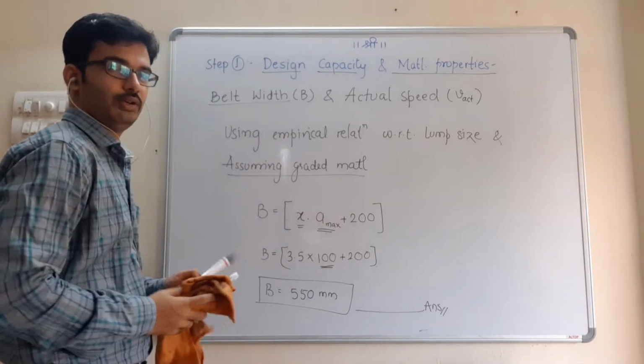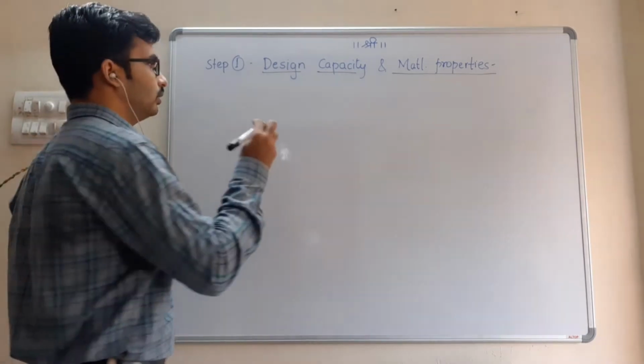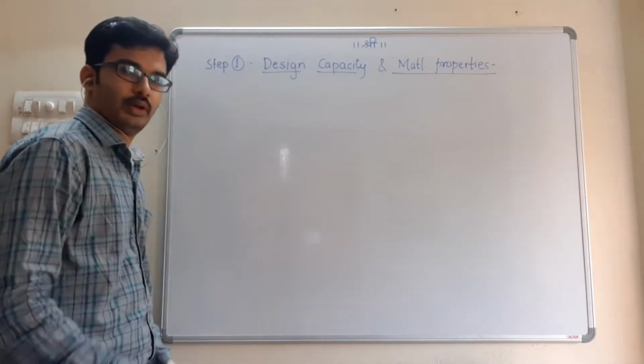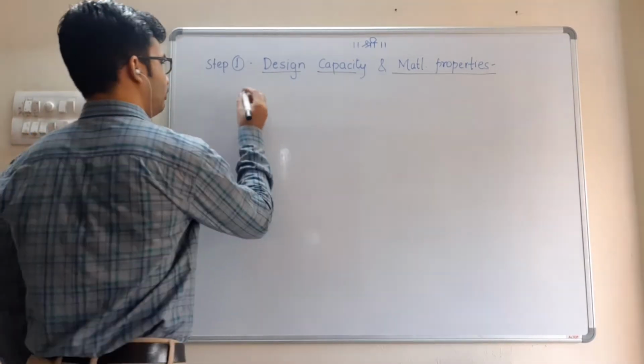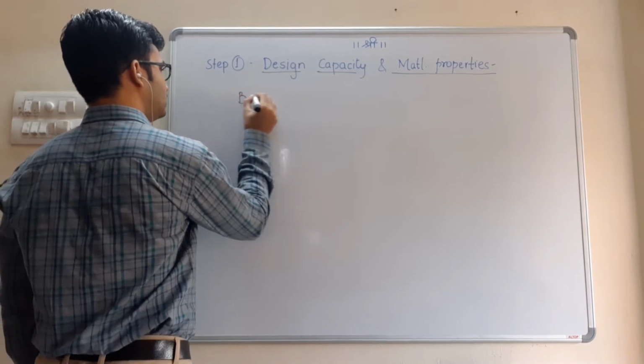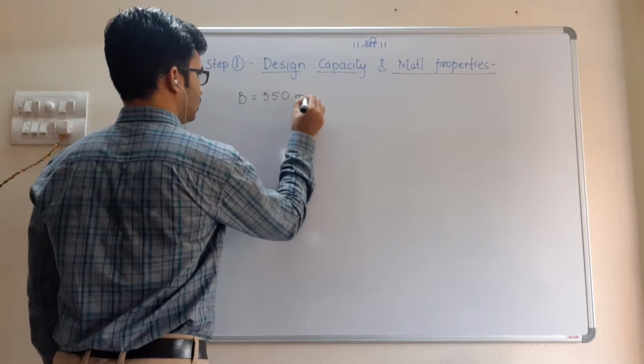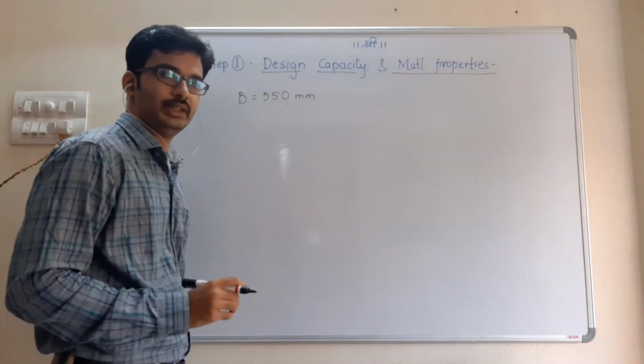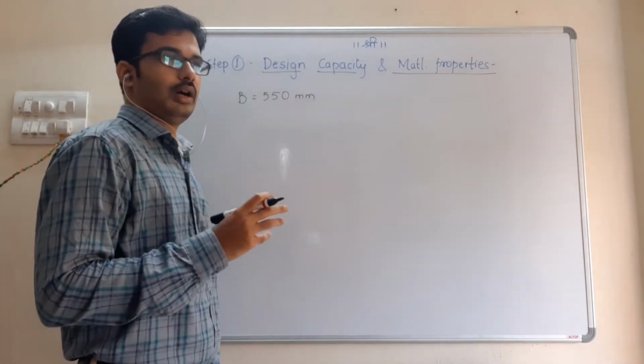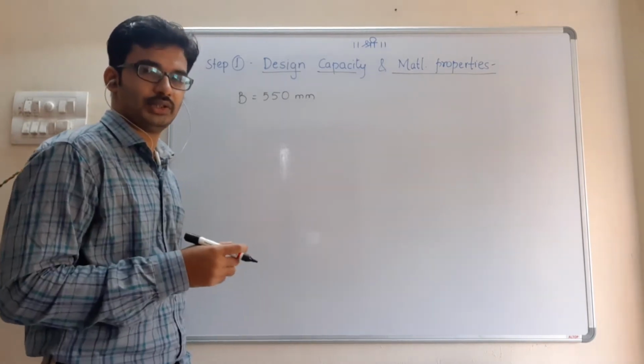Now we have to find out the actual speed. Before going for actual speed, we have calculated B as 550 mm, but belts have some fixed dimensions.